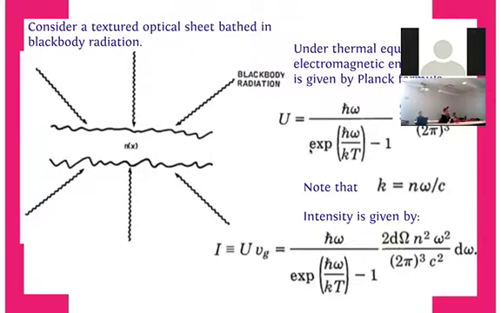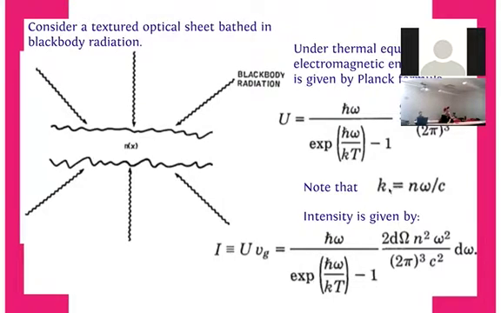That's a Planck distribution multiplied by the unit volume being considered, 2 d capital omega k squared dk, where k is the wave vector of the electromagnetic field, divided by 2 pi cubed. We don't need to know all this, but the most important thing, as we will come to, is that U is proportional to k squared, and in fact k cubed dimensionally, because of this factor.